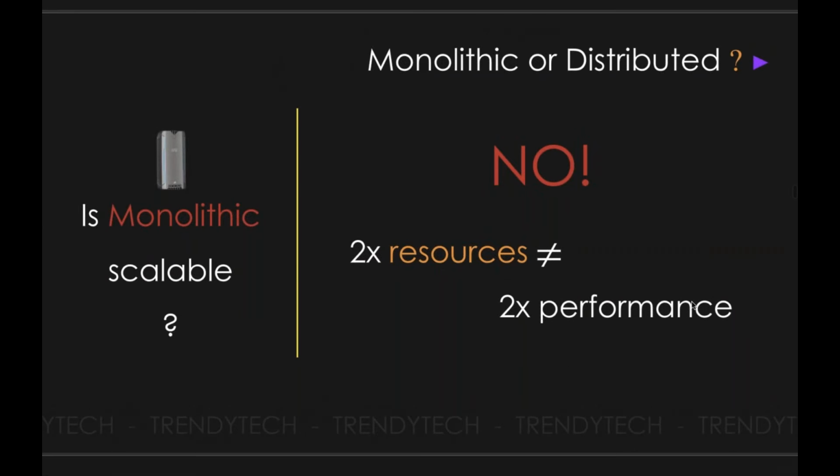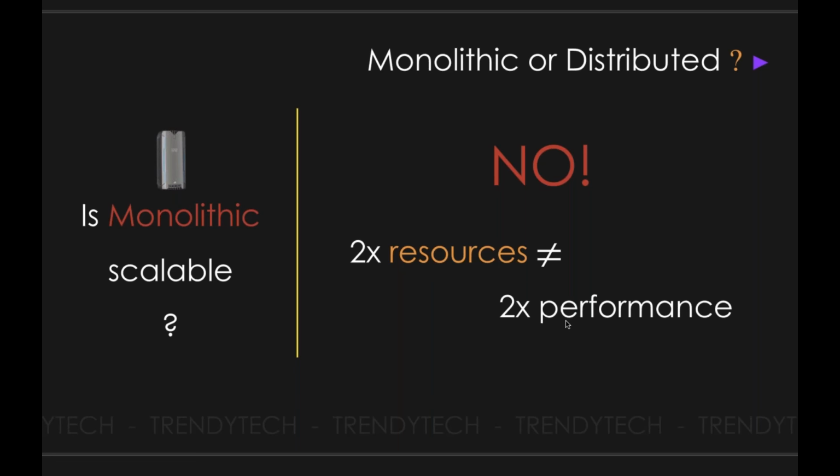Now, the problem with monolithic is that it is not scalable. The reason I'm saying it is not scalable is that a scalable system is something where when you double the resources, the performance should double. Because if I double the resources, that means I'm spending twice on the system. I'm investing double. That means I should get double the performance easily. But with a monolithic system, it is seen that after a certain point, if you keep on adding or doubling the resources, the performance is not doubling.